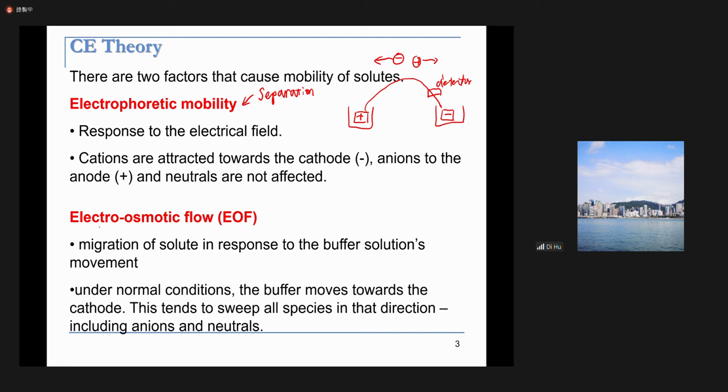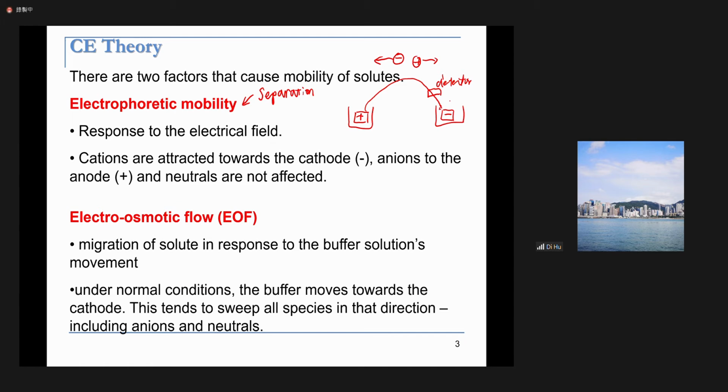Electro-osmotic flow is the migration of the buffer solution, okay? The movement of the buffer solution drags whatever is inside the buffer medium to the detector side, to the destination side, to the end side.